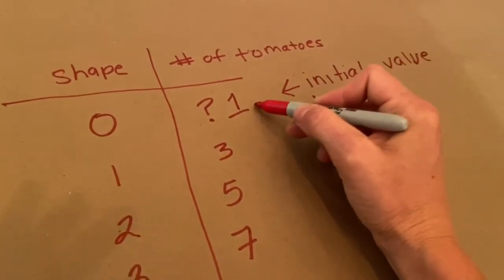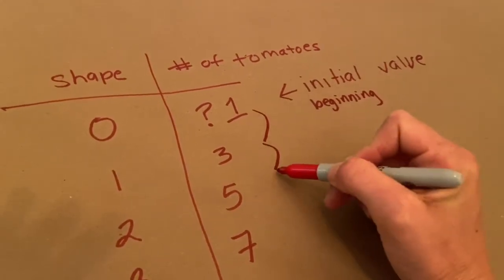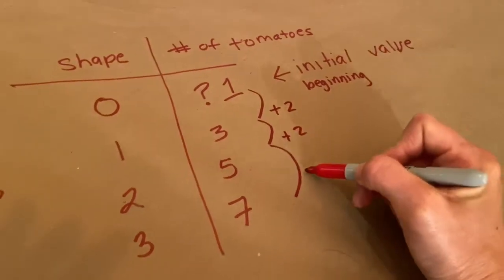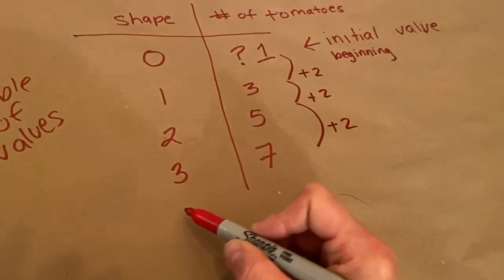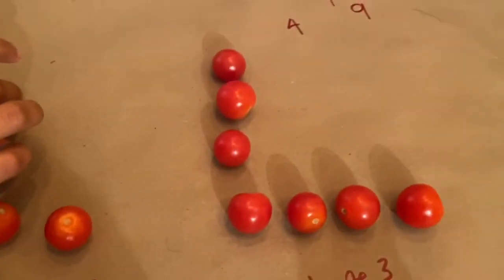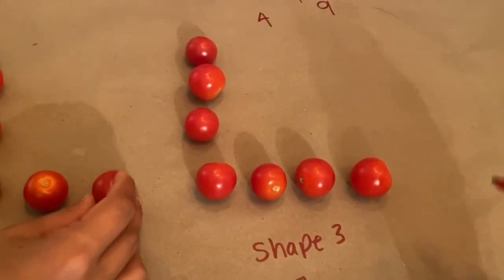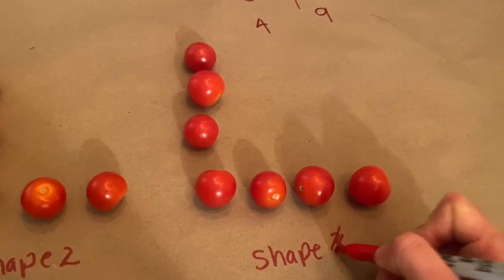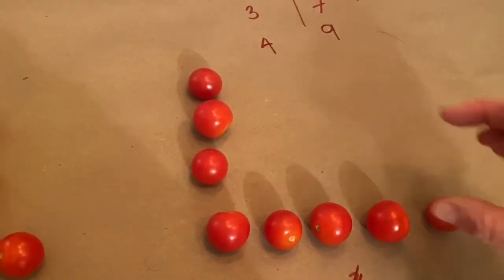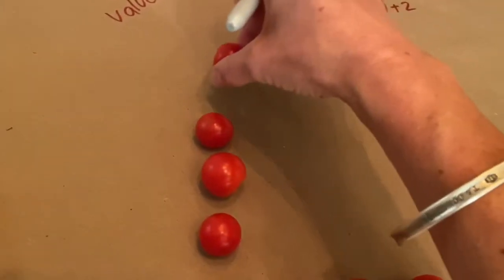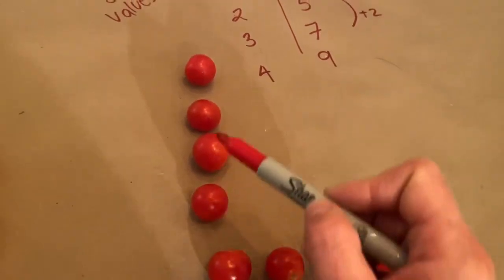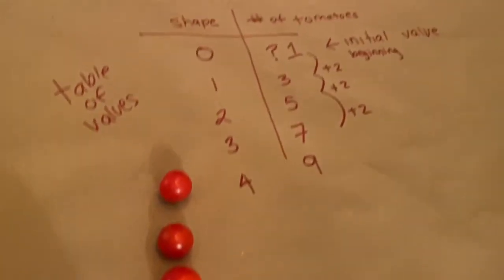And we can tell that each time I make a bigger shape, I keep going up by 2. So my next shape would have 9. If I want to make shape 3 bigger, not shape 3 but shape 4, I would add a tomato here and I would add a tomato here, and there'd be 1, 2, 3, 4, 5, 6, 7, 8, 9 tomatoes.